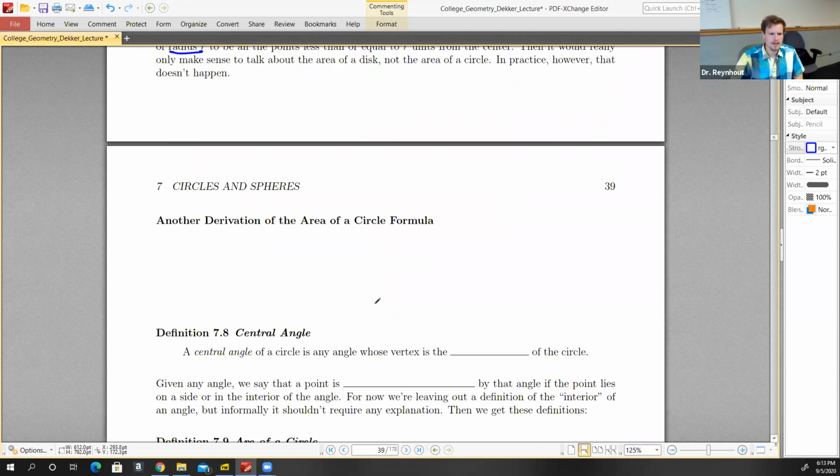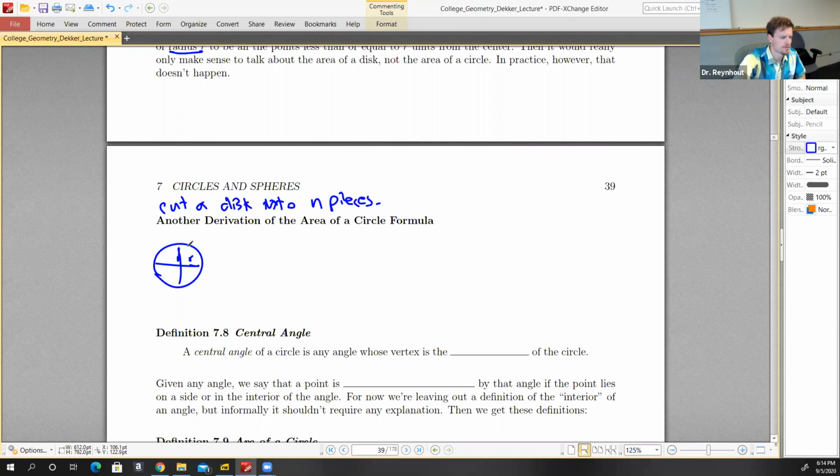Excellent. So really quickly, I'd like to share another way in which we could find the formula for the area of a circle. So what we do is we cut a disk into n pieces. Excellent. So if we take a disk and we cut it into n pieces, to make things look nice at first, let's just say that there's 4.